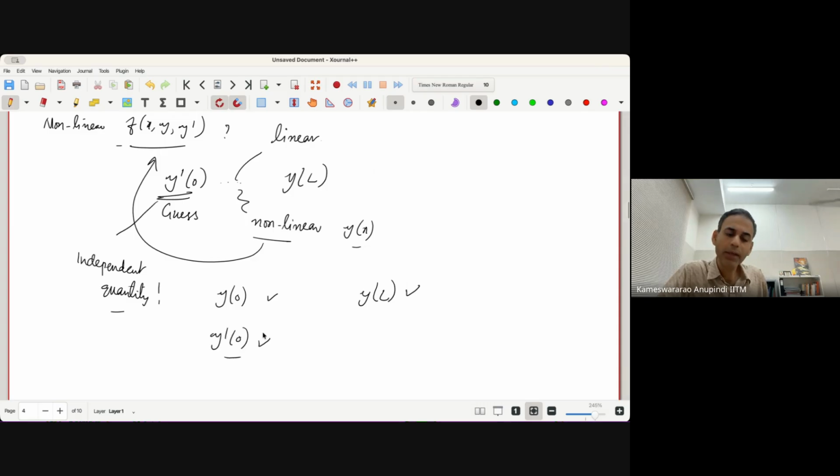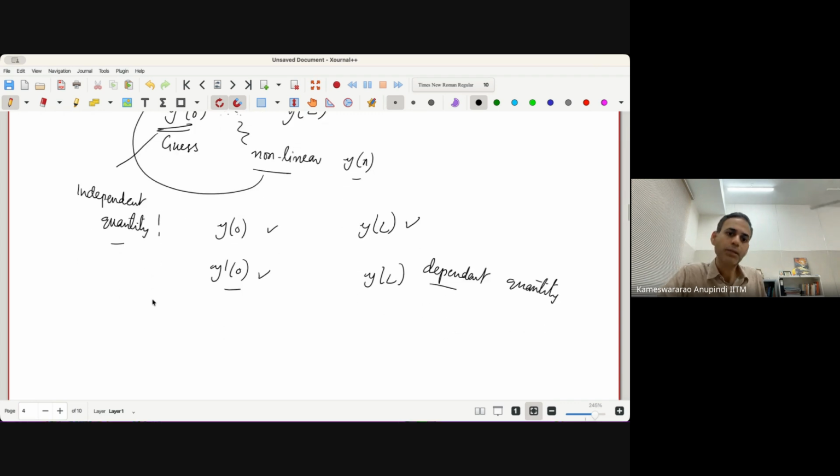So because we are making a guess for y prime 0, I'm going to think of this as the independent quantity, and I'm going to look at the dependence of y of L on y prime 0. So y of L is the dependent quantity, and y prime 0 is the independent quantity.